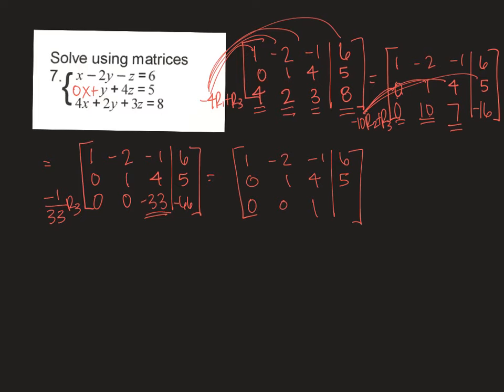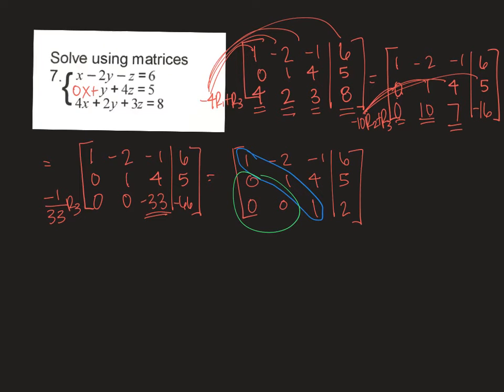And negative 1 over 33 times negative 66 gives me positive 2. So now that I have ones down my diagonal and zeros to the left of that, I'm ready to solve for each variable.